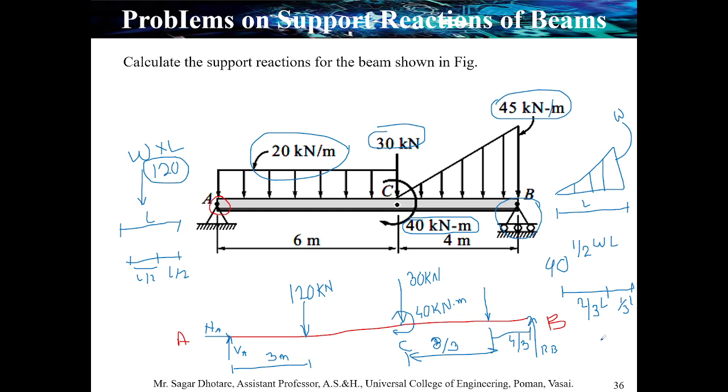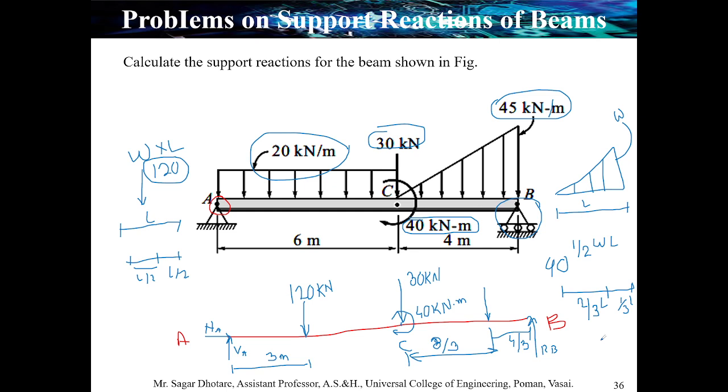At point C, two forces are acting. The first one is a couple, that is 40 kilonewton meter, and the second one is a vertical downward force of 30 kilonewton. At point B, only one force is there, that is the reaction due to the rolling support, RB, which is in the opposite direction of the force, so it is vertical upward.